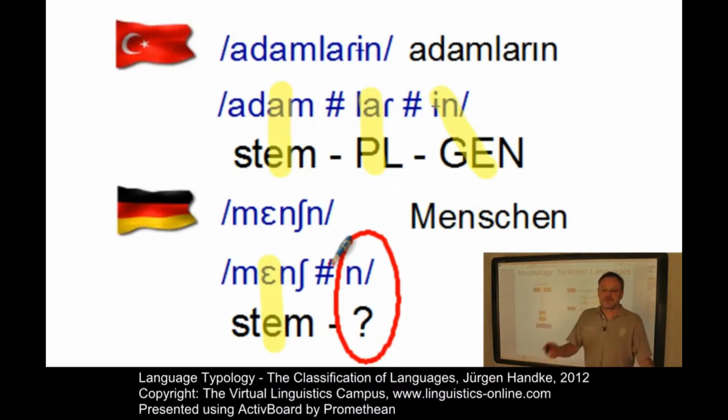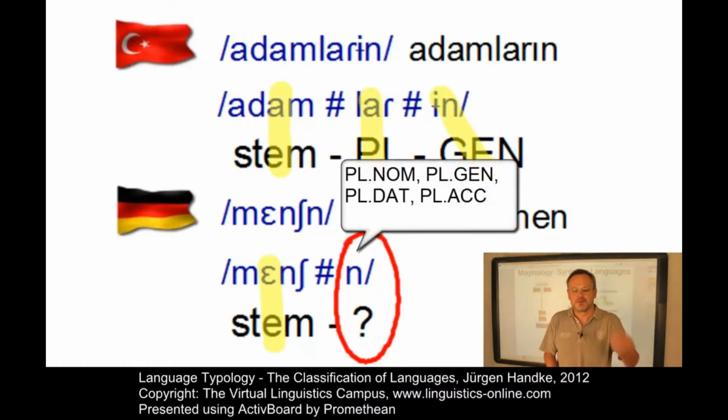Well, in Turkish, we can say the 2 bound morphs, plural and genitive, lar and in, are functionally unambiguous. But in German, by contrast, well, we have a problem. The affix can denote the plural in its nominative case, the plural in its genitive case, in the dative and in the accusative case.